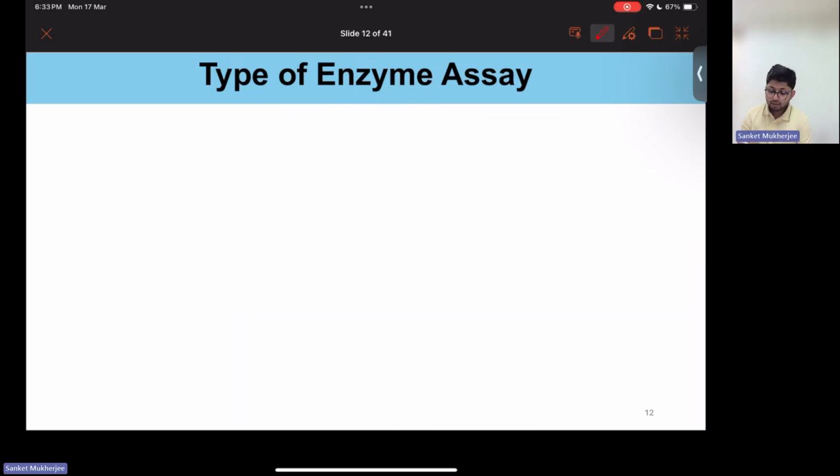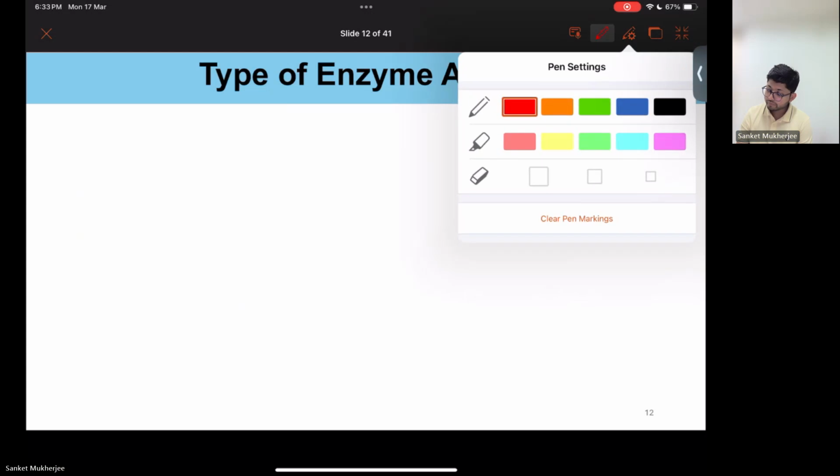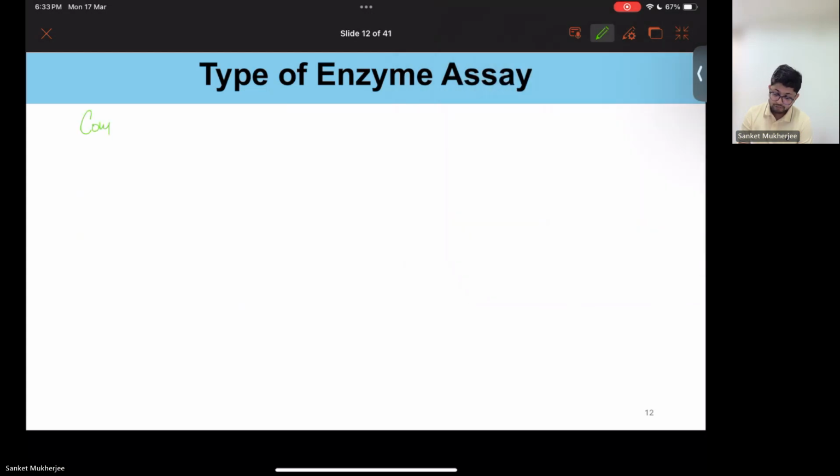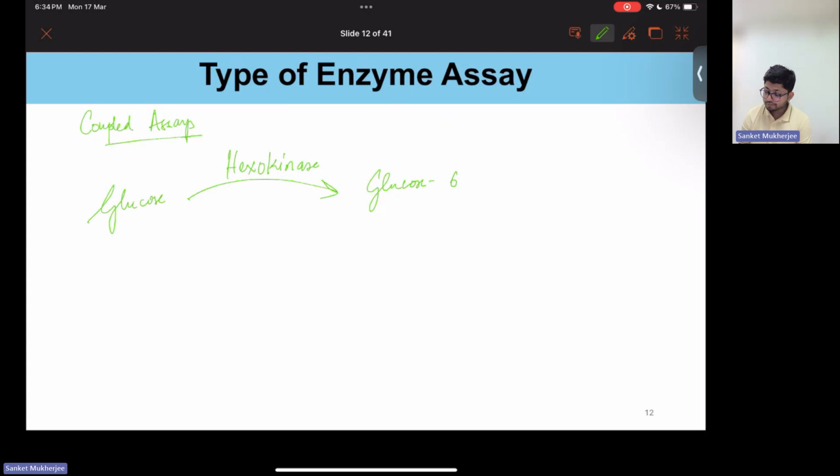Then there could be coupled assays. For example, let's say you want to find out hexokinase activity, which converts glucose to glucose 6-phosphate. You cannot measure this directly.